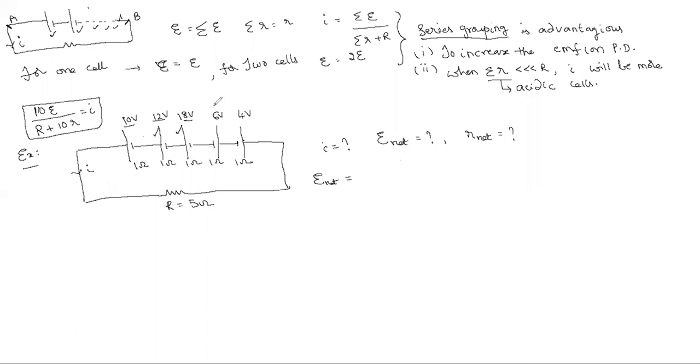So these three are aiding and those two are unaiding. Total aiding EMF will be how much? 30 plus 10, I think this is 40. Am I right? Yes, sir. And these two, 6 plus 4, are unaiding. This is 10.